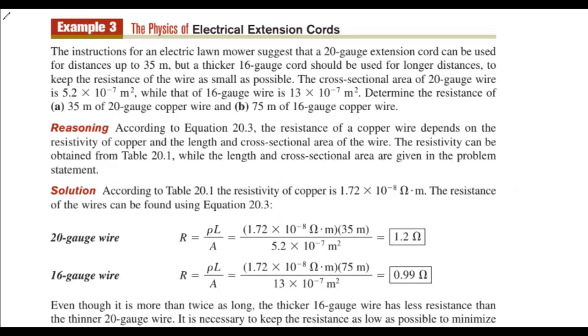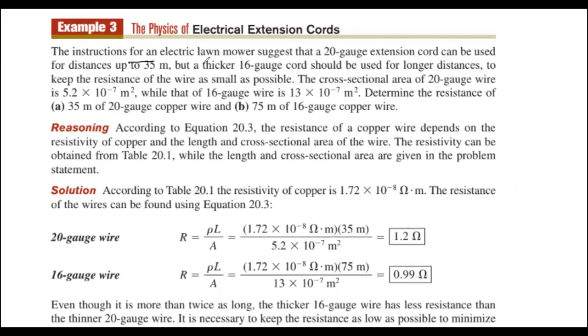So the question says, the instructions for an electrical lawn mower suggest that a 20 gauge extension cord can be used for distance up to 35 meter, but a thicker 16 gauge cord should be used for longer distances to keep the resistance of the wire as small as possible.